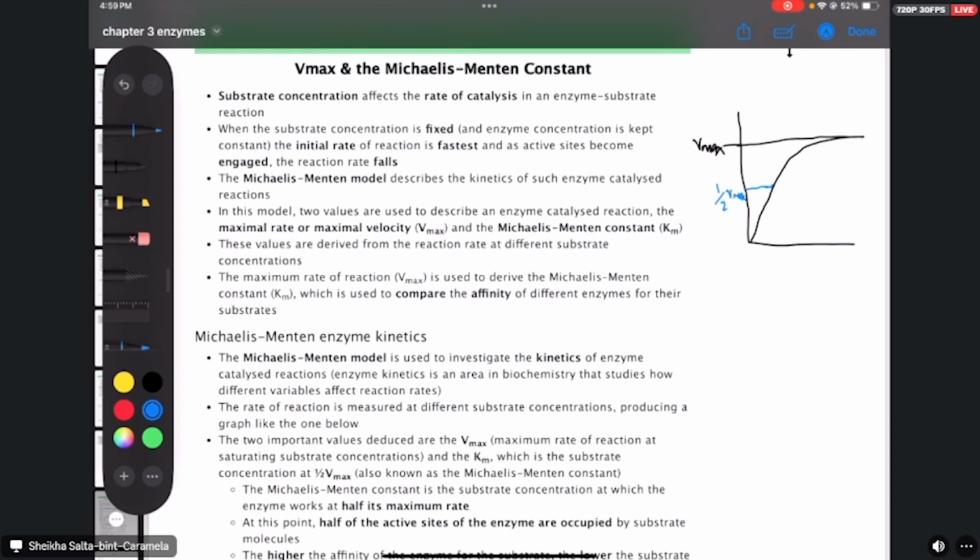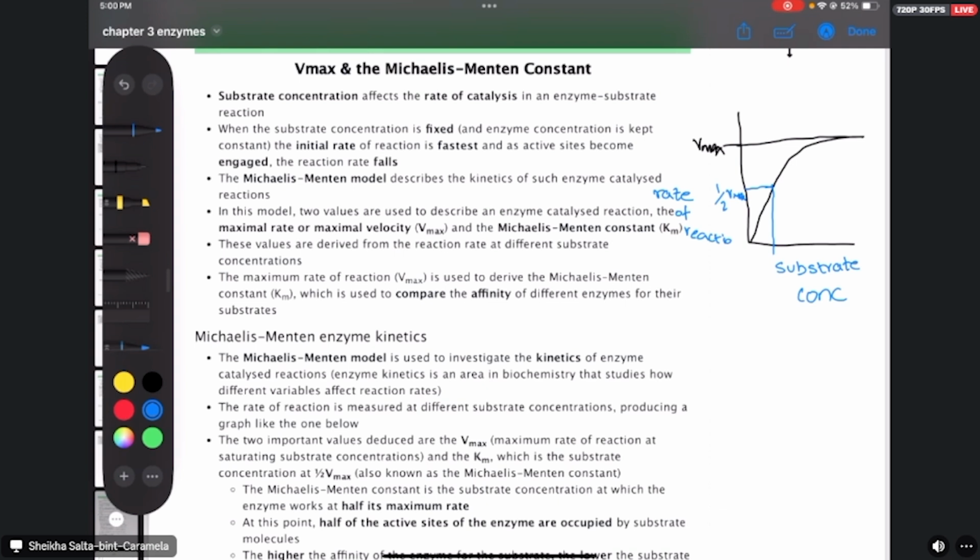Now, this graph is for substrate concentration against rate of reaction. At half Vmax, we're going to see how much the substrate concentration is.